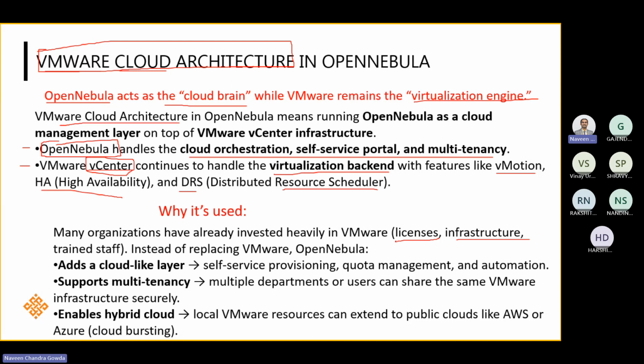Now, as you are already using VMware, you also want to use cloud services, while continuing the VMware services as well. Instead of leaving the entire VMware platform and switching to another one, is there a solution that lets you continue the VMware services and also use cloud services? One solution is OpenNebula.